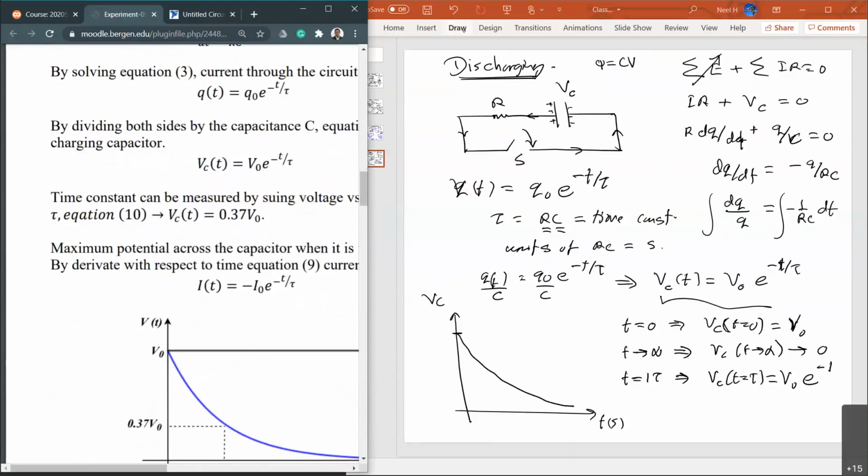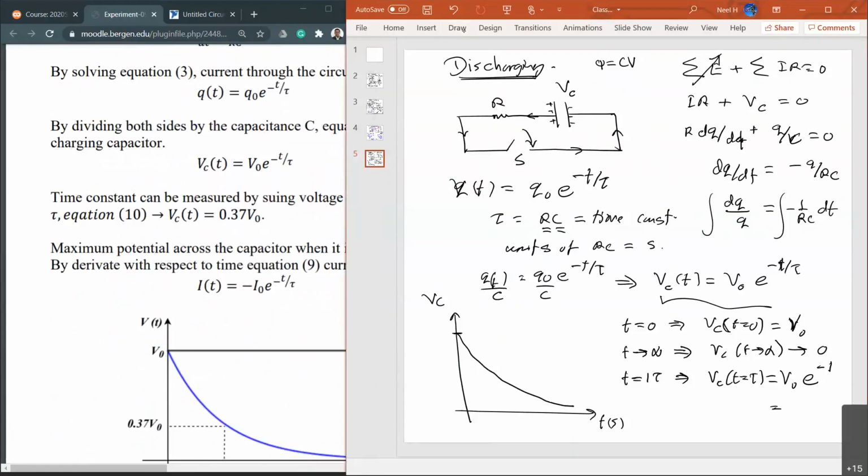Which means whenever the capacitor is discharging, after one time constant it's going to be 37 percent, or 0.37 times V0. Make sense? Follow me? Good. Any questions so far? Anybody have any problems, concerns? No problem?